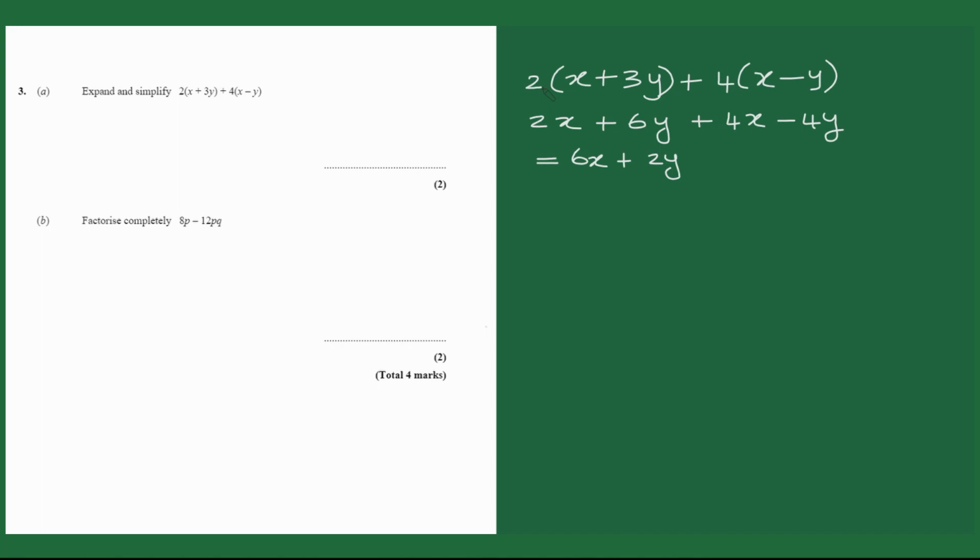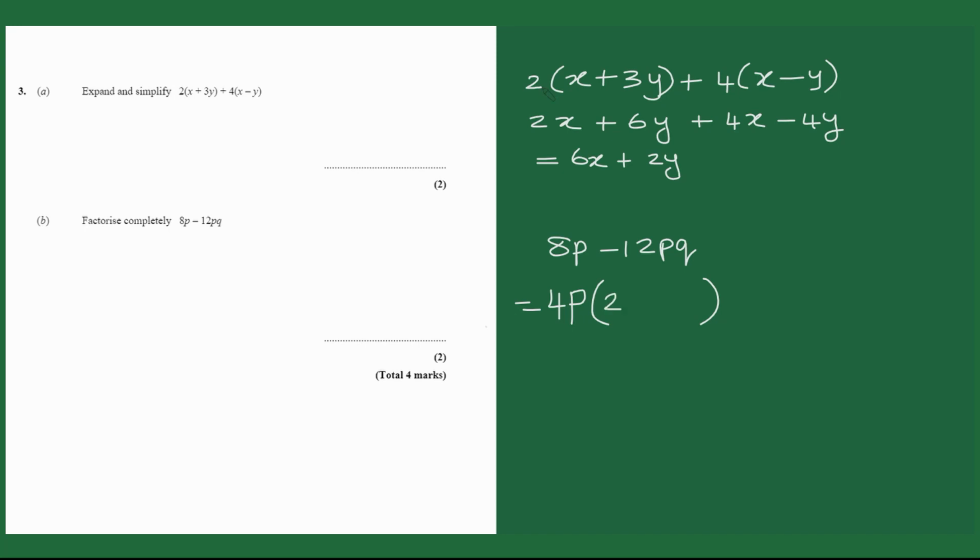Second part, factorize completely. 8p minus 12p cubed q. For the numbers 8 and 12, the common factor is 4, and you can take the p out, so 4p, whatever is left over inside the brackets.